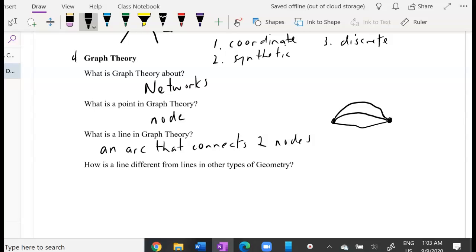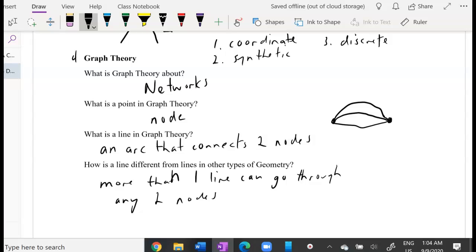You can have 3 lines, 4 lines. So more than one line can go to any 2 nodes. That's a pretty important difference, because you can't do that in any other kind of geometry.